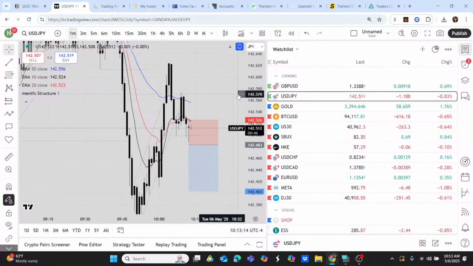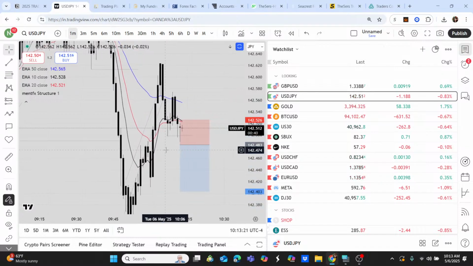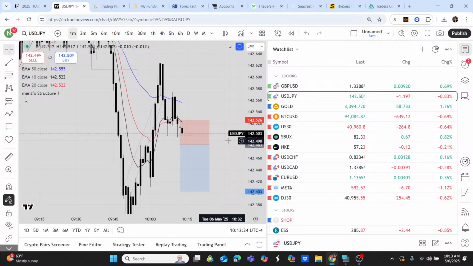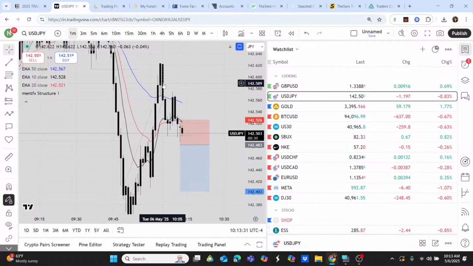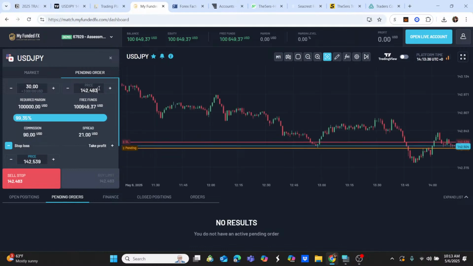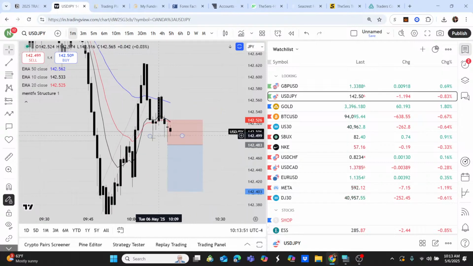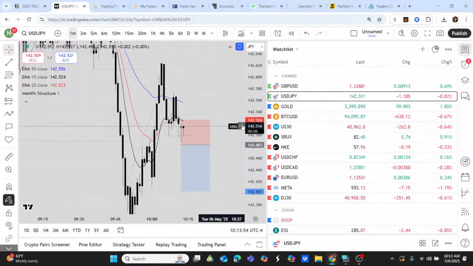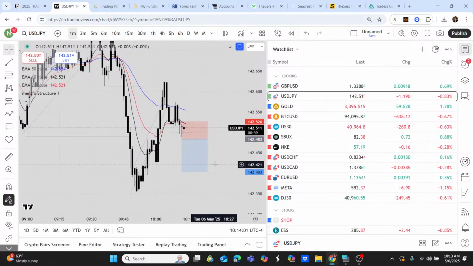Still waiting for it to break. 42. So if price ends up breaking that low right here, previously with this candle, then I can have that sell stop right there.